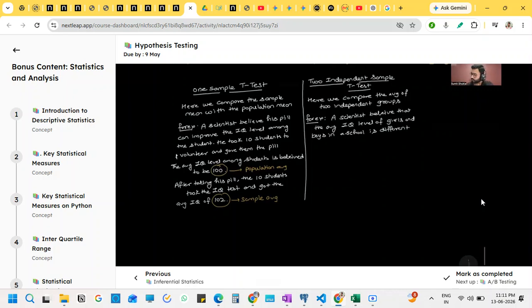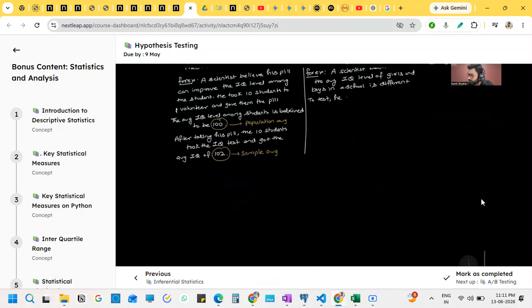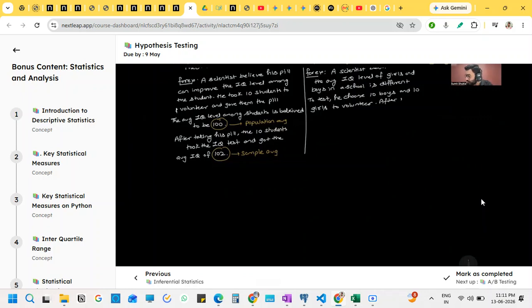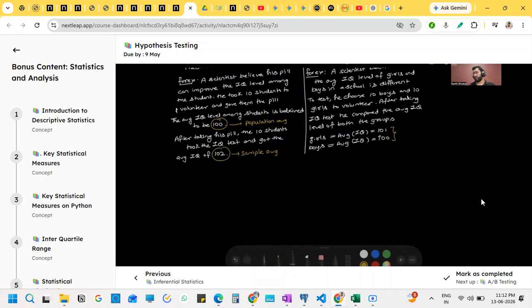To test this, he chose 10 boys and 10 girls to volunteer. After taking the IQ test, he compared the average IQ level of both groups. Let's say for girls the average IQ came out to be 101, and for boys, let's say 100. Now, we want to test whether these two values are significantly different or the same.